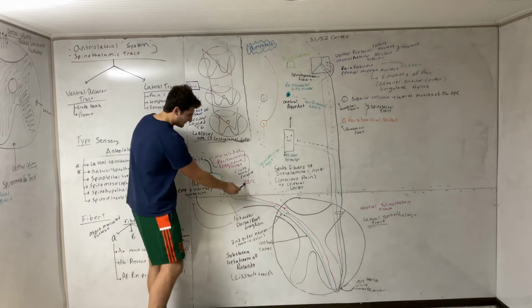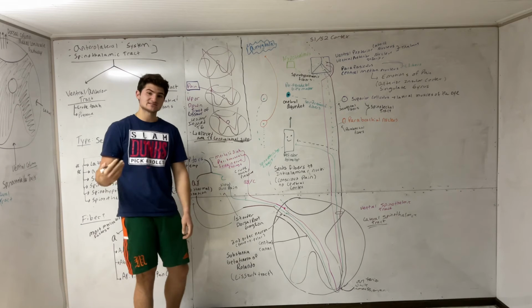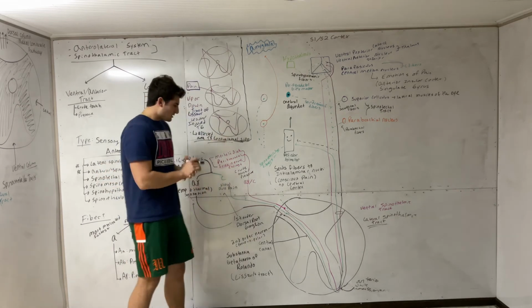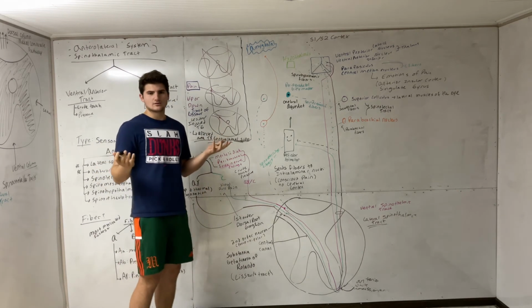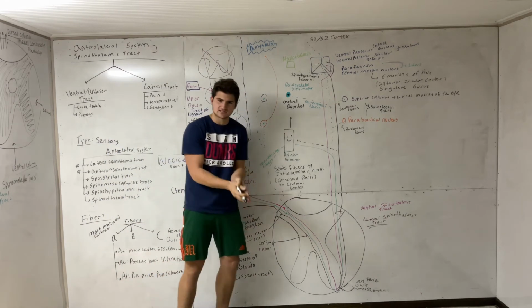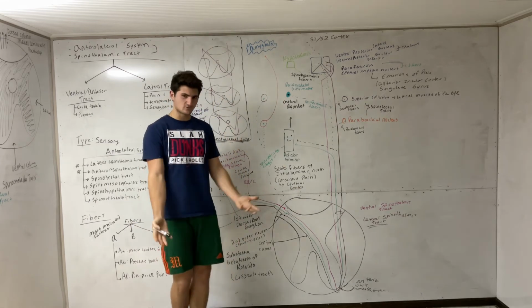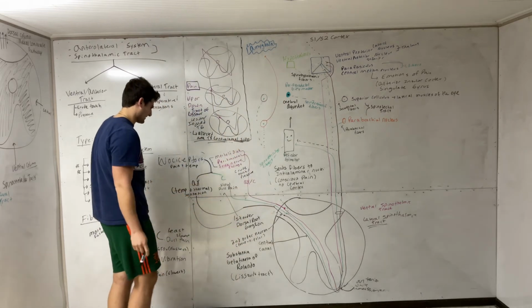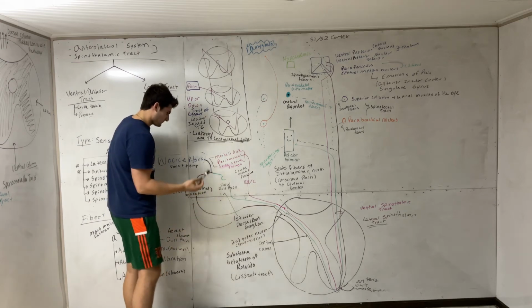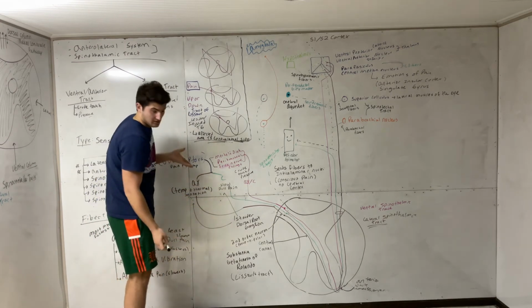Both A delta and C fibers. Same thing. Now, I don't know who created this system, but you would think that all of these fibers would mesh together because they're the same exact things and go up through the body. Unfortunately, that doesn't happen. I don't know why. But we'll talk about what actually occurs right now.